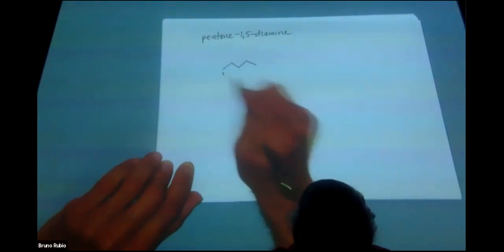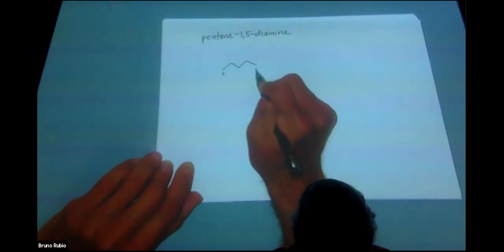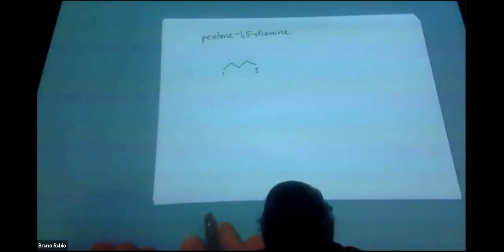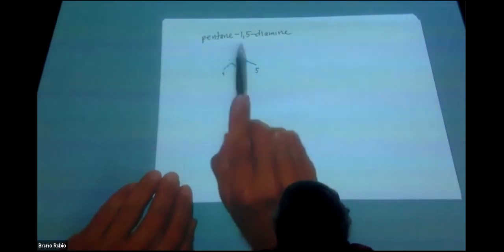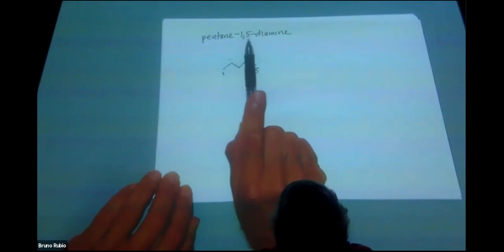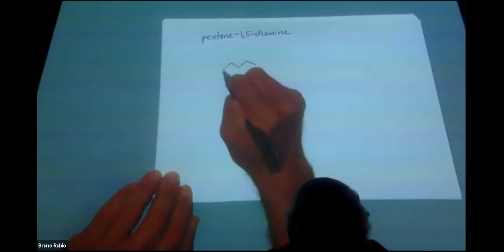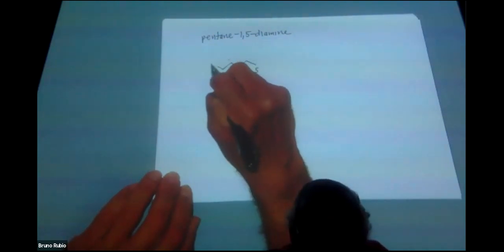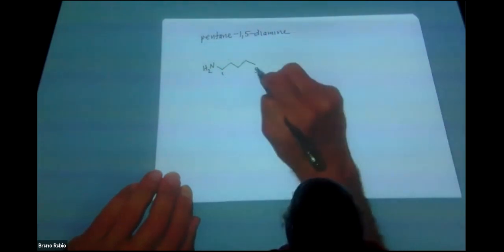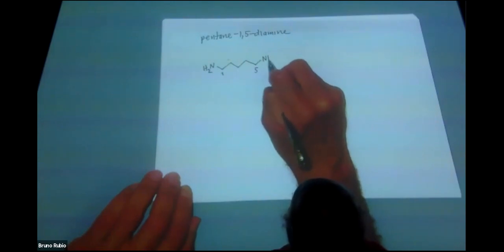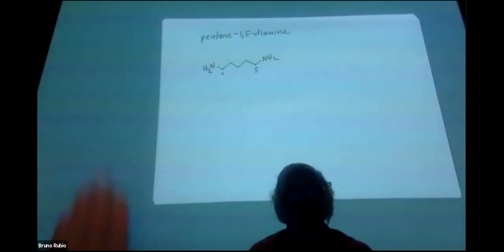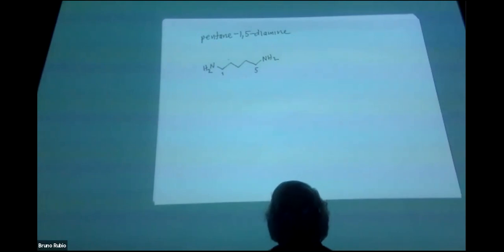So there's carbon 1, 2, 3, 4, 5. And notice this is saying 1,5-diamine. So that means that we have at carbon 1 the amine priority group, and at carbon 5 we have a second amine priority group. So there's pentane 1,5-diamine.